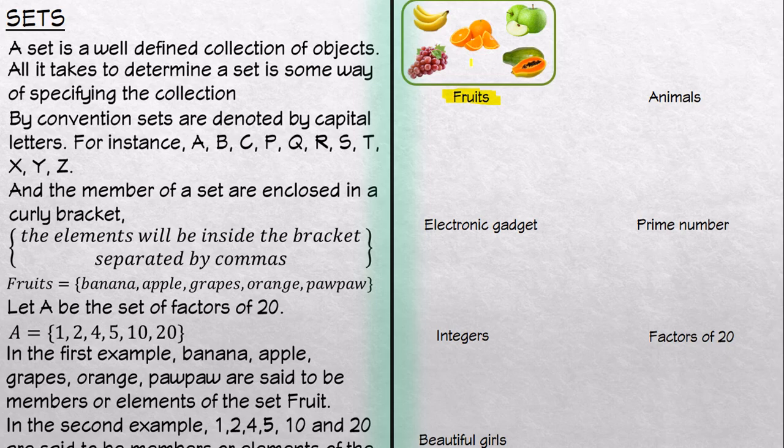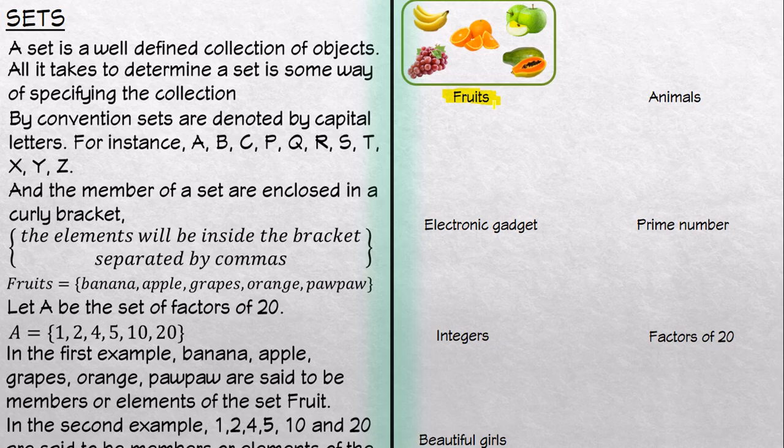So for instance, realize that we have a banana over here, which is a fruit. We have an orange over there, which is a fruit. We have an apple over here, which is a fruit. We have a purple one over there, which is a fruit. And we have grapes also over there. And these are all fruits.